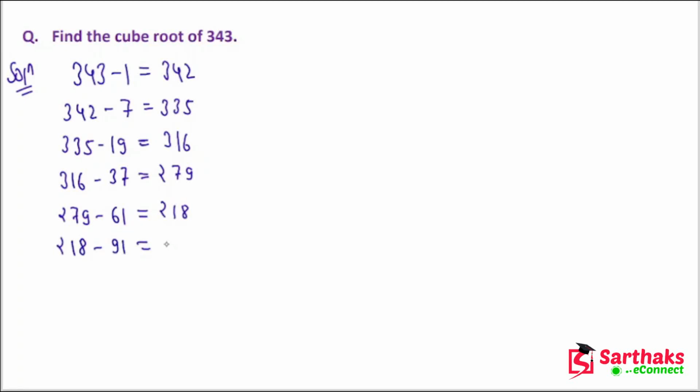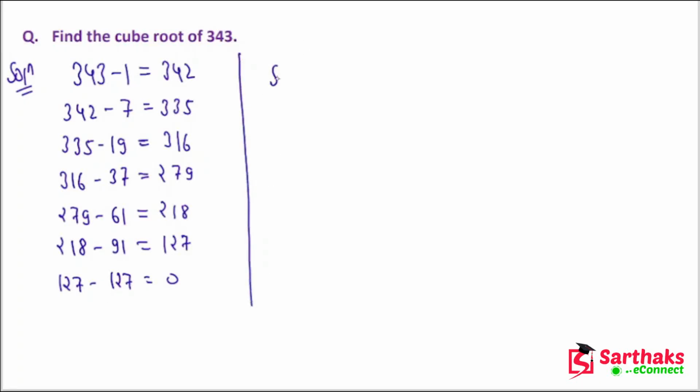It will be 127. So you can see the last member which we calculated in the previous question, it was 127 only, so we'll get 0. So 1 2 3 4 5 6 7. So we have done 7 steps.